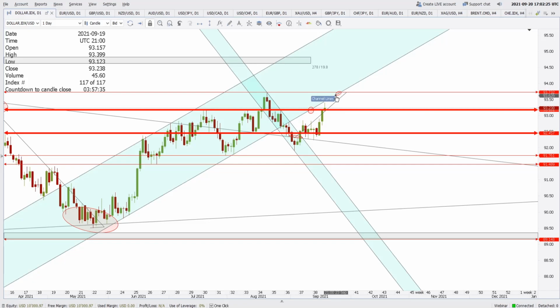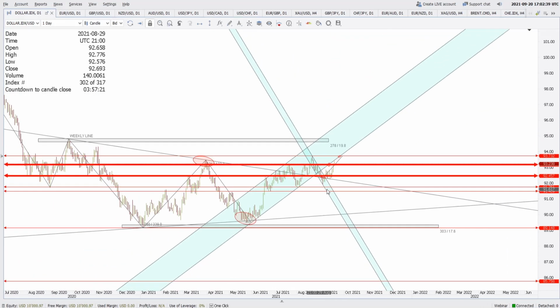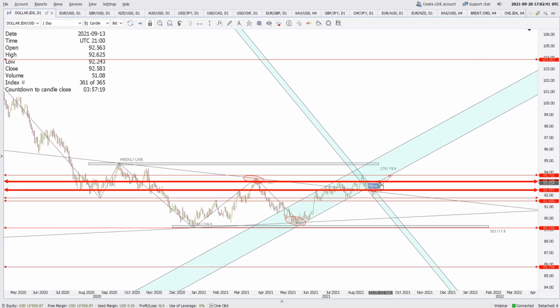What we can do on the other hand is wait for the dollar index to actually clear this area to the upside and then come back to this area to find it as a fresh support. In that case, our double bottom will have already broken convincingly, and we can wait for the retest to go long in the US dollar.